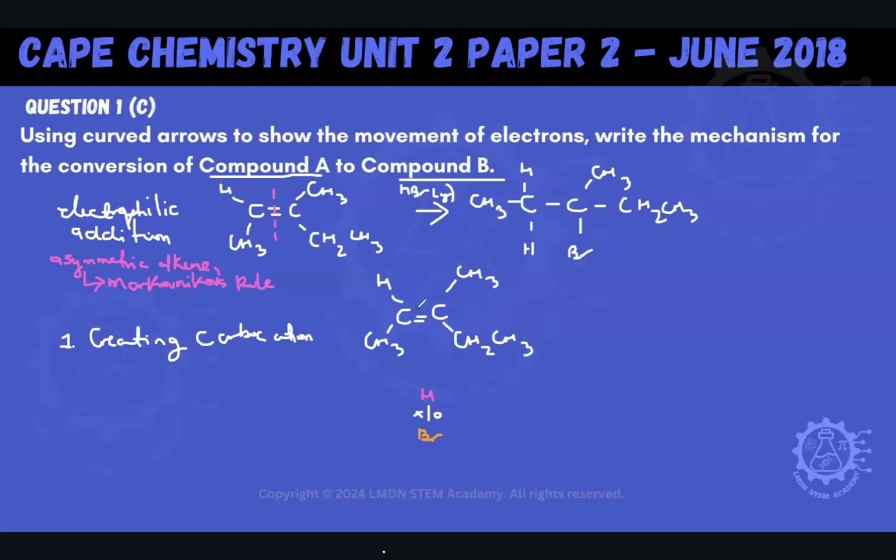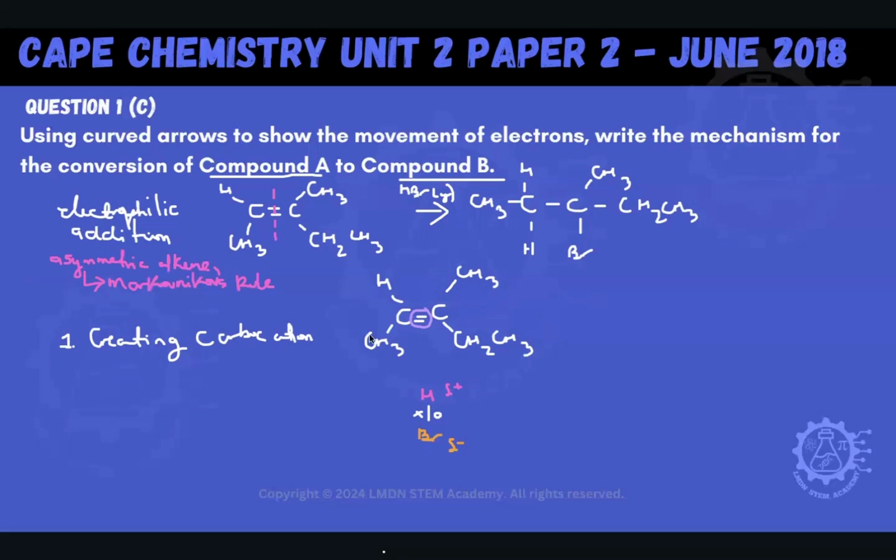So remember now, my alkene, this region here in the middle, this double bond, is a region of high electron density. So it's very negatively charged. And so what's going to happen now is it's going to see that my HBr is polar, has a partial positive charge here and a partial negative charge here due to the difference in electronegativities of these two atoms.